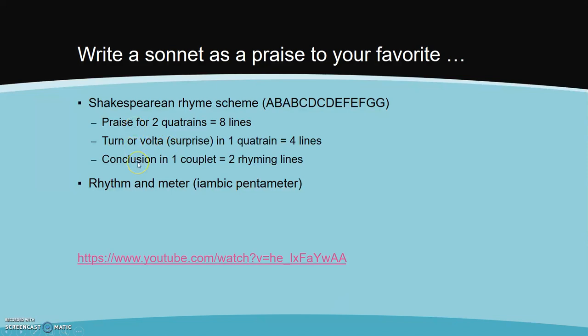And in the last 2 lines called the couplet, 2 rhyming lines, you write the conclusion of your overall sonnet, your praise to your favorite thing or person. I recommend that you write it, the rhythm and meter, in iambic pentameter.